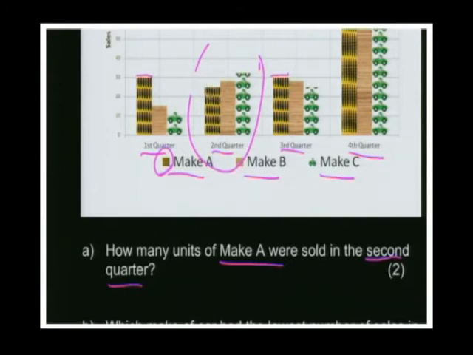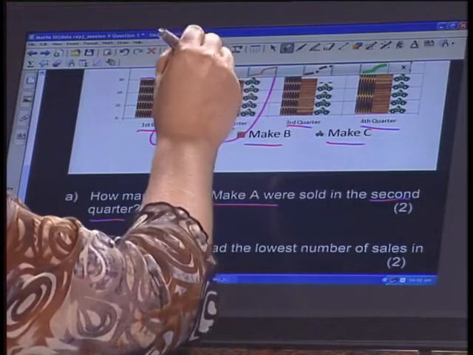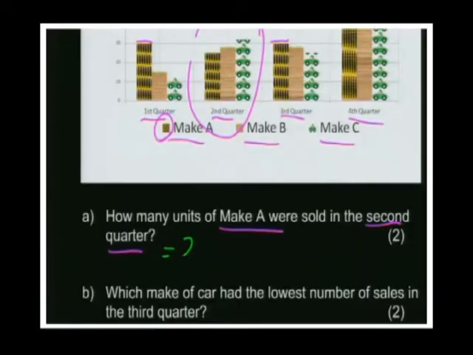So we can quite easily see that it is between 20 and 30. It is not an exact number, and so we're going to guesstimate what it is. Now, to me, this looks like it is in the middle between 20 and 30. So I'm going to say that it is 25 cars.